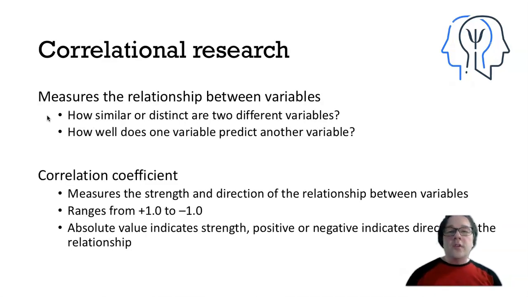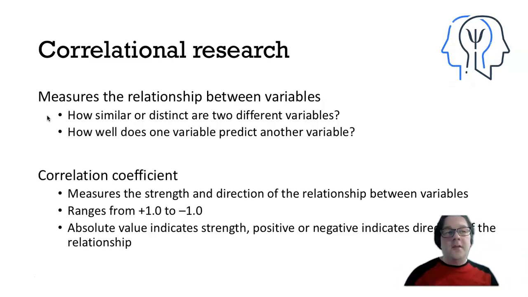Okay, correlational research. Some people might say this is descriptive research, essentially, but we put it in its own category because it does something a little more than just describe what's going on. It tells us something quantitative about the nature of the relationship between two variables, right? So it doesn't just describe two variables.